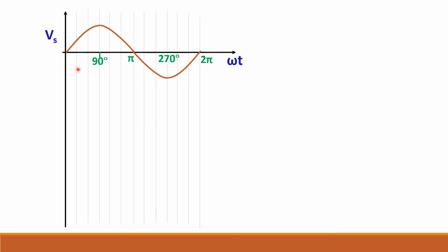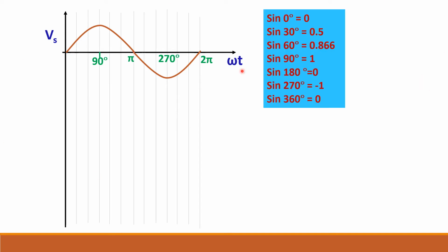Here I have drawn the lines for every 30 degree. So this is 30, 60, 90, 120, 150 and 180. So you should know this sine table first. So sine 0 is 0, sine 30 is 0.5, sine 60 is 0.86 and sine 90 is 1.